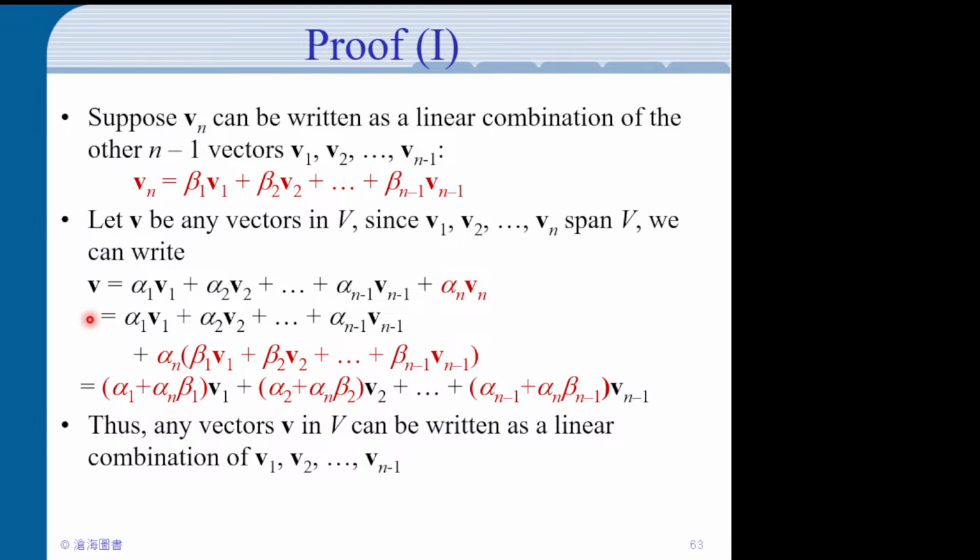So we prove that if Vn can be written as a linear combination of V1 to Vn minus 1, then everything in V can be written as a linear combination of V1 to Vn minus 1. And so that's our claim. So V is a span of V1 to Vn.